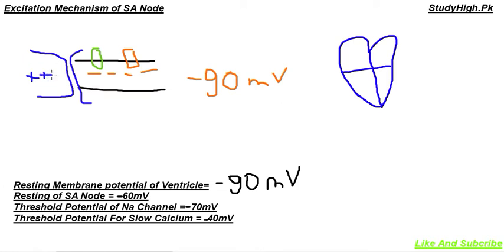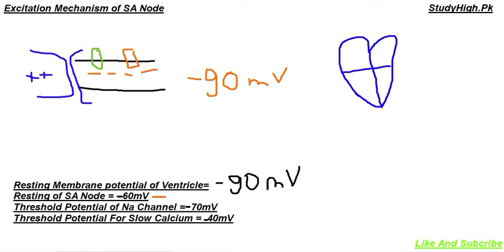So first of all, the resting membrane potential of the ventricle is minus 90 millivolt, or between minus 85 and minus 90 millivolt in normal conditions, whereas the resting membrane potential for the SA node, our natural pacemaker, is minus 55 to minus 60 millivolt.